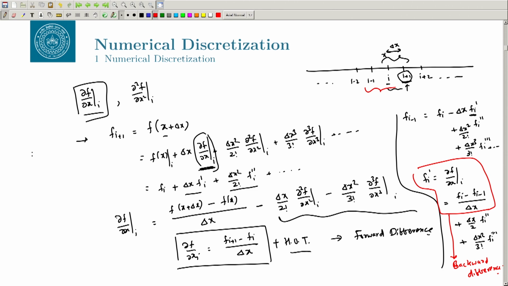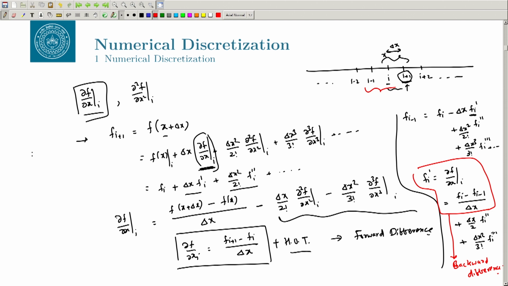You may be thinking that both are very similar or both are same, but that is not true, because depending on the direction of your convection, one scheme may be stable and another may be unstable. We will look at the stability of these schemes in the later part of the discussions.